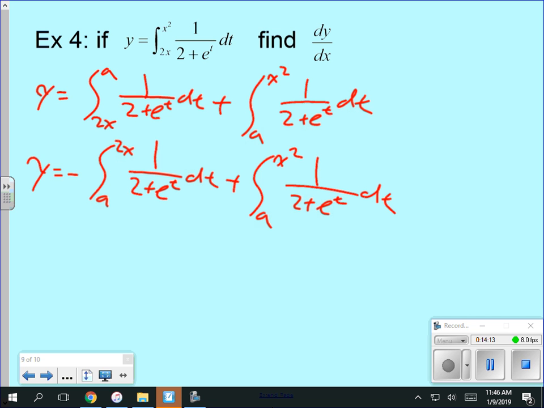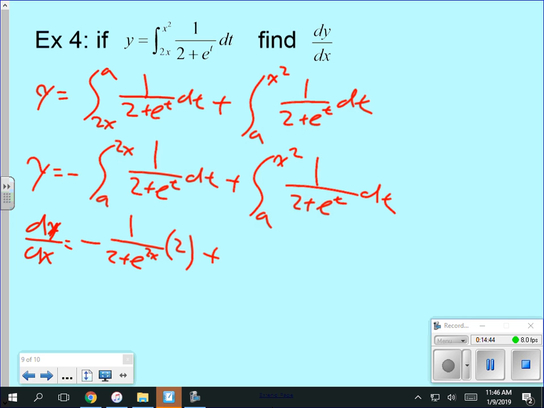Yeah. And now I can go ahead and take my derivative. dy dx is equal to the derivative of my first integral, which is negative 1 over 2 plus e to the 2x times 2. Plug in 2x for t and then times the derivative of 2x.